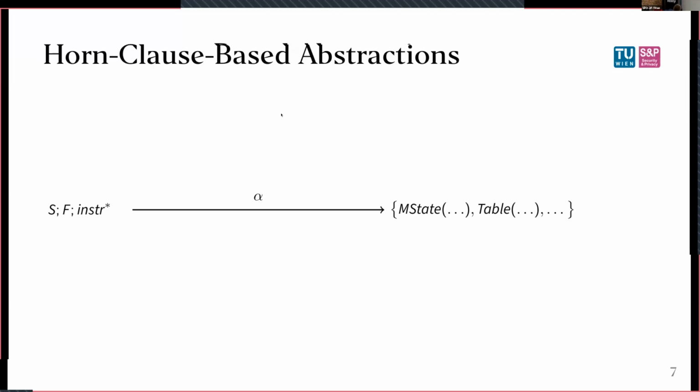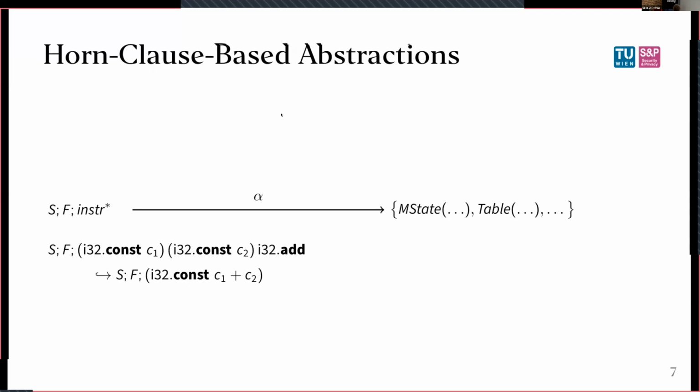We might have a separate predicate for the table, for the function pointers, and so on. And then for every rule that might appear in the WebAssembly module, we have to over-approximate its behavior by having a Horn clause like this, over-approximating in order to remain sound.